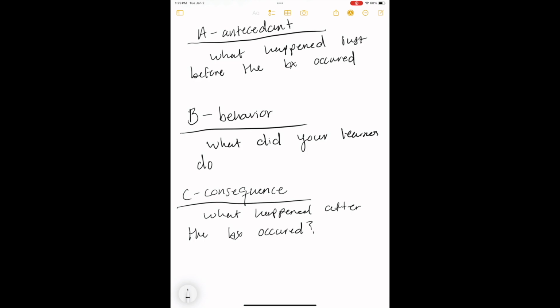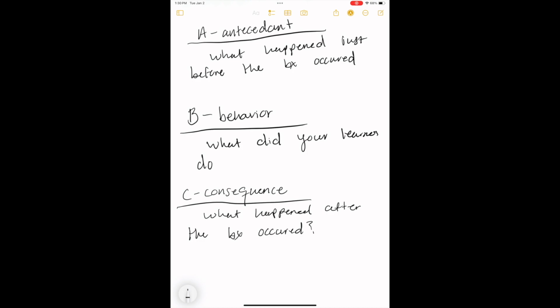Analysts rely on you to collect this data and to always know this and to be aware of what's going on constantly around your learner and the way they're reacting to their environment and things like that. So don't be surprised if your analyst asks you as you're working as an RBT, what was the antecedent, what was the behavior, what was the consequence? You need to know this.